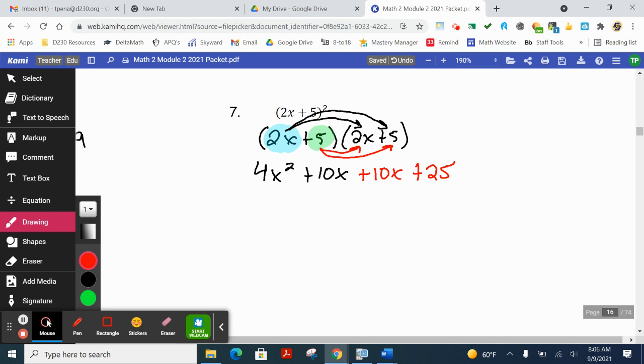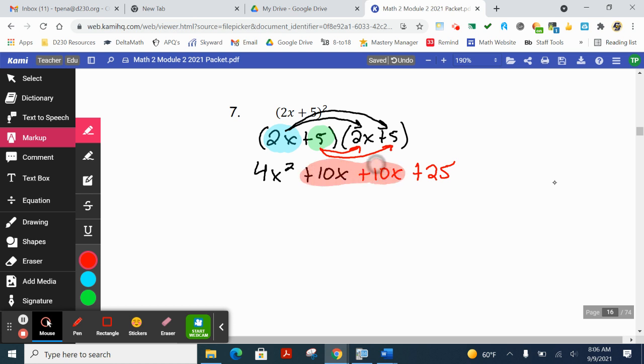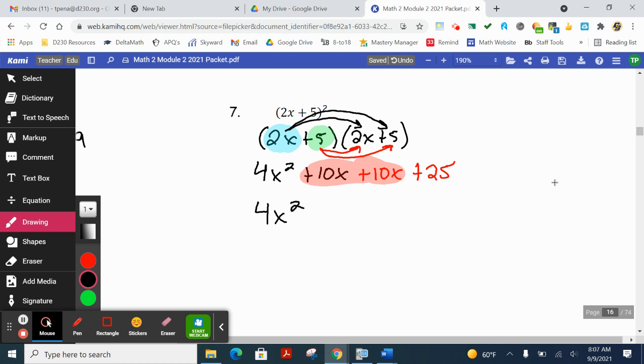All of them so far, and this one is no different, have like terms. So we now can look right here. These are our like terms. We're going to be able to add those together, combine those. So I'm going to write 4x squared, add up these like terms right here. We have 20x terms, and then that constant 25, and then that's our answer.